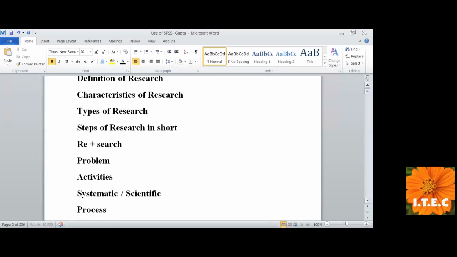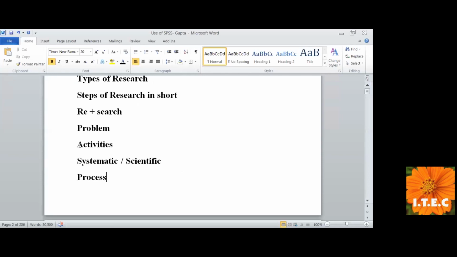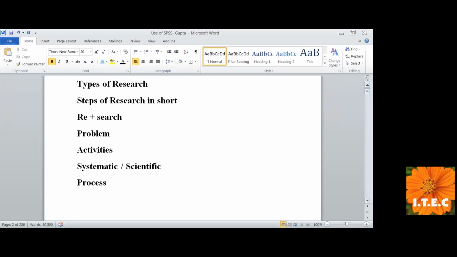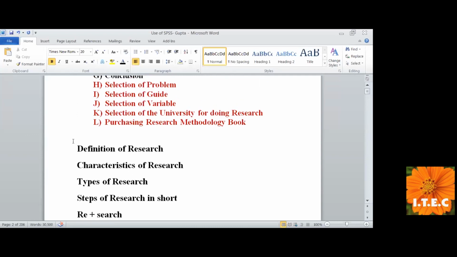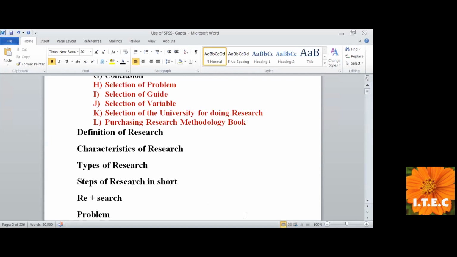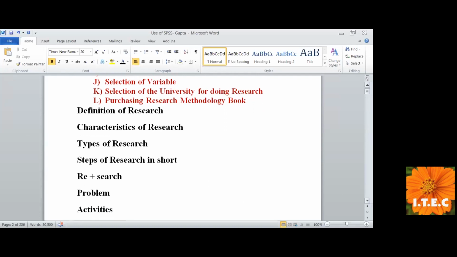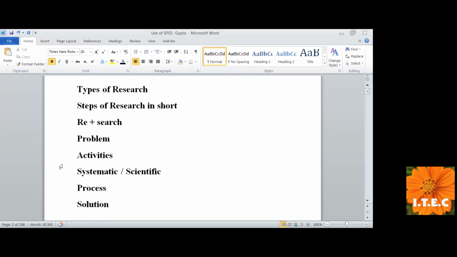So these are the 5 important words which you have to use in order to define the word research. So let me change the font size so that one more step that has gone down comes up. It has come. So problem, activities, systematic or scientific, process and solution.